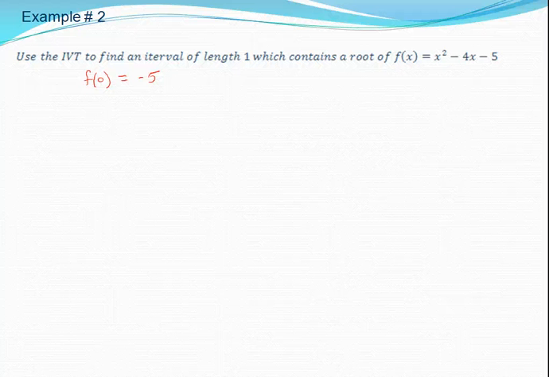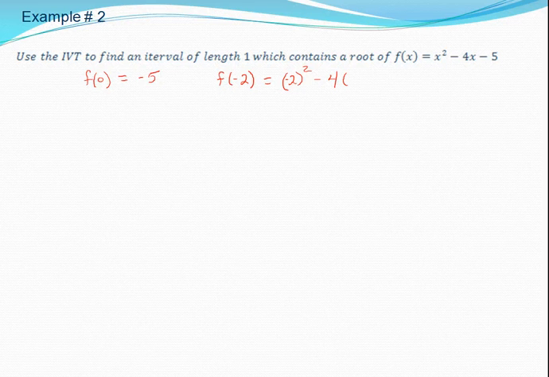So I'm going to choose the value of -2, and I'm going to plug that in and see what happens. Plugging in -2, when I square -2, I get 4. When I multiply -4 by -2, I get 8, and then I'm going to subtract 5.